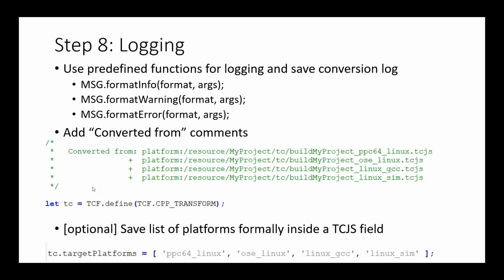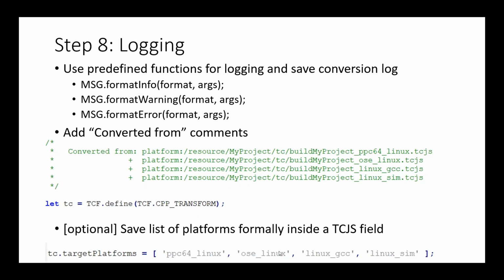So this comment "converted from" is informal. This is just a comment, but you can also save the list of platforms that you have found formally inside your TCJS. And like this, create a field target platforms and just list all the platforms that were originally available for this TC.